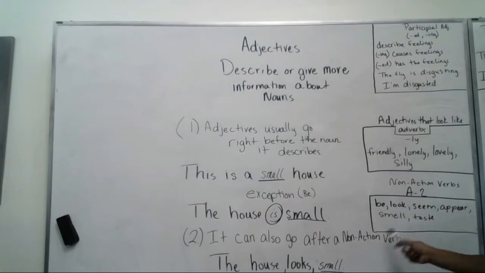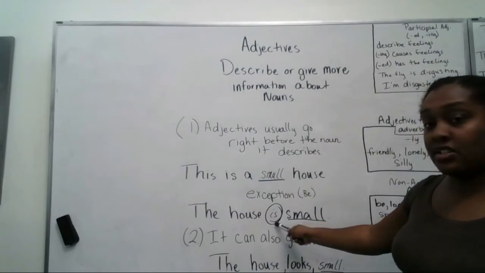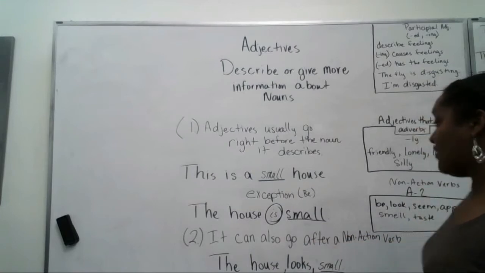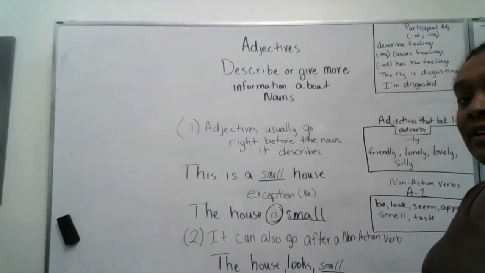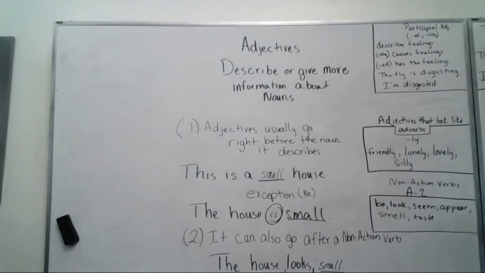So you can also say that this is a non-action verb, and small comes after that non-action verb. So the house looks small, the house is small, and there are some other non-action verbs. He seems tired, for example. It's another one.